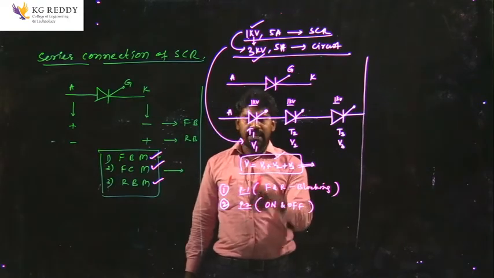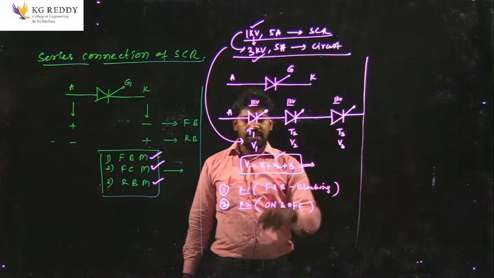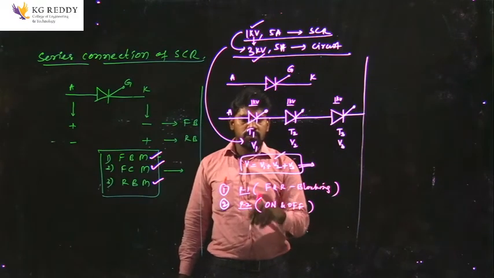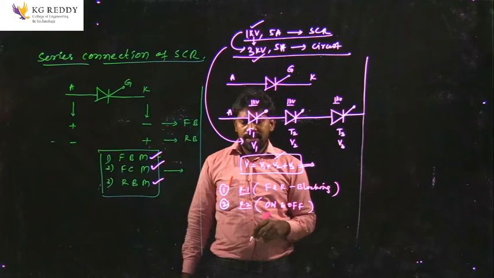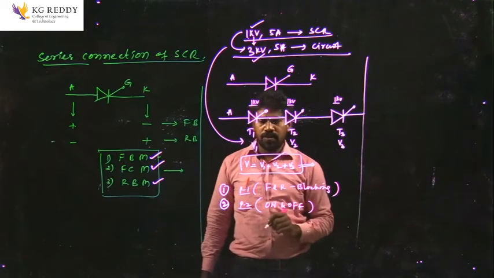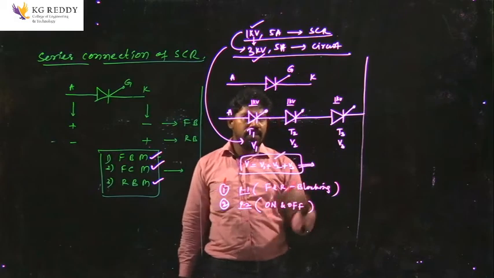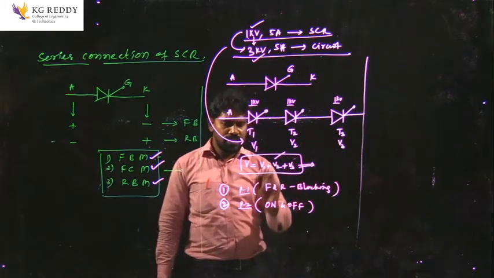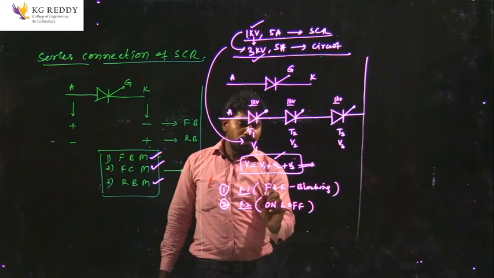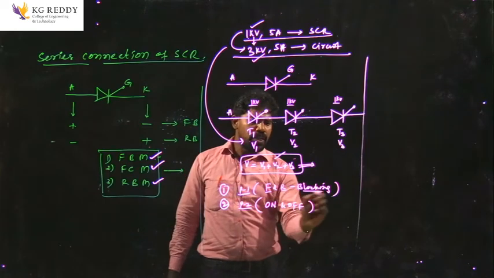So practically, while connecting SCRs in series, we face these two problems in real-time scenarios. How can we overcome these problems? Now this is problem 1, the forward and reverse blocking problem.